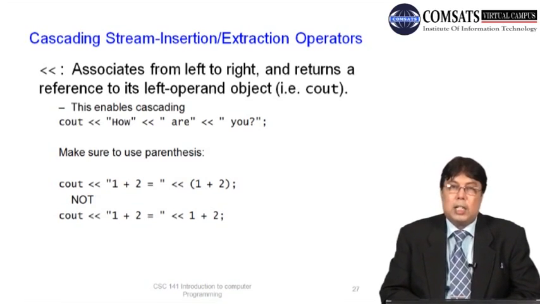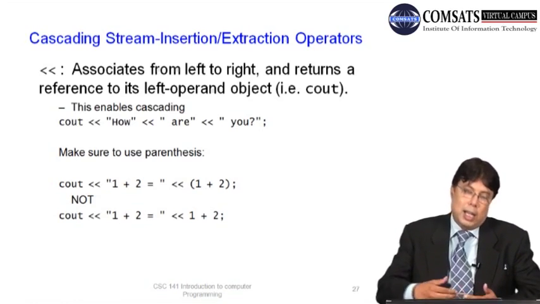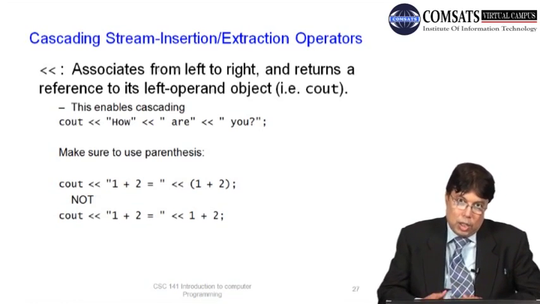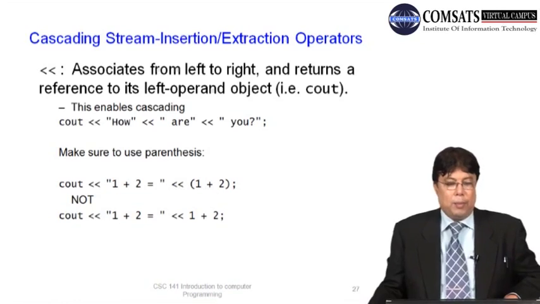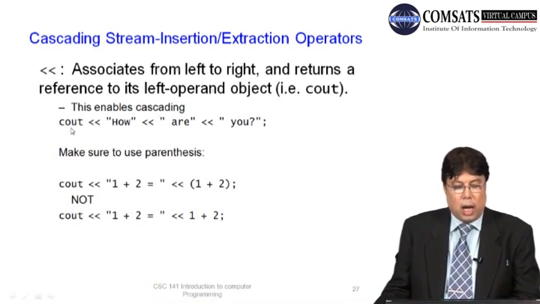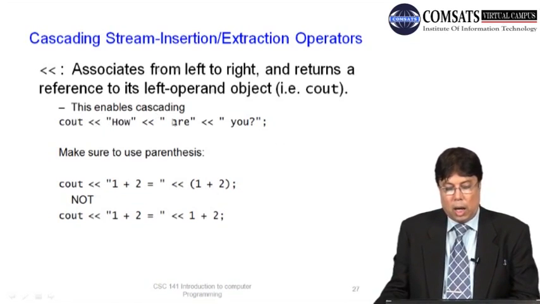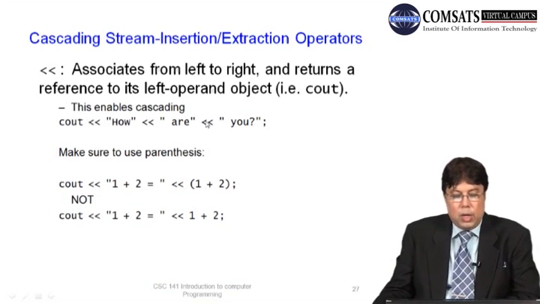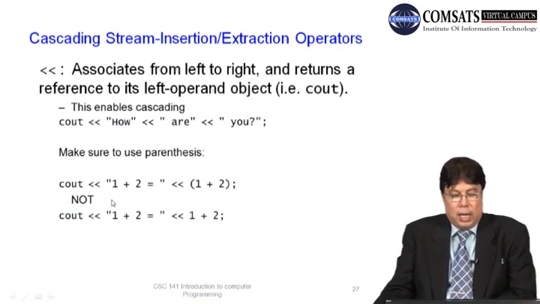What does it mean? It means that you can cascade, meaning extend. Extension is also allowed. You can perform this extension, which is called enabling cascading: cout how are you. So you can put it like this, cout this how, then you can have this cascading here, and similarly you can have cascading here.